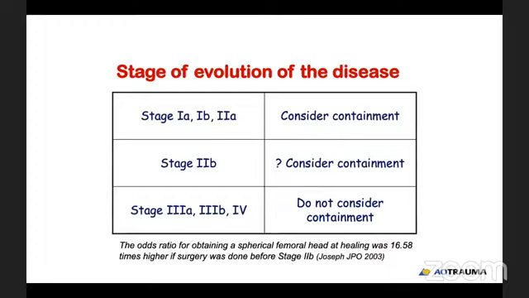And in this landmark paper, from JPO 2003, Benjamin showed very clearly that if you do containment surgery early in the stage of the disease, before it has undergone extensive fragmentation, then the chance of developing a spherical femoral head is 16 times higher. That's an important thing to remember. The odds ratio is 16 times higher if you do it in the early stages than if you wait for advanced fragmentation.